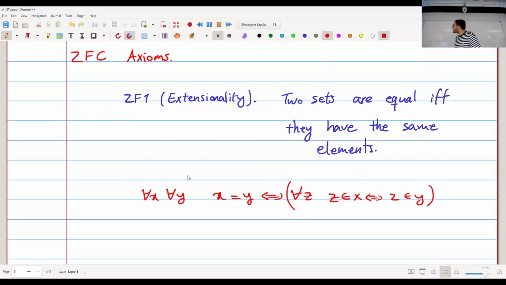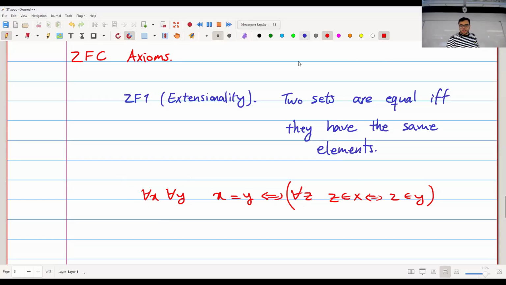Well, not might, definitely gets more complicated. But basically everything is a set here. So even elements of sets are sets themselves. So that's why I can write for every z here. So basically I'm saying for every set x and for every set y, x is equal to y, if and only if for every set z, because we don't have anything other than sets. If z is an element of x, then z is an element of y and vice versa. Okay.